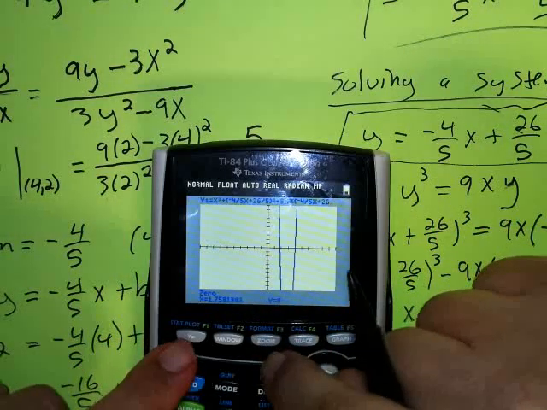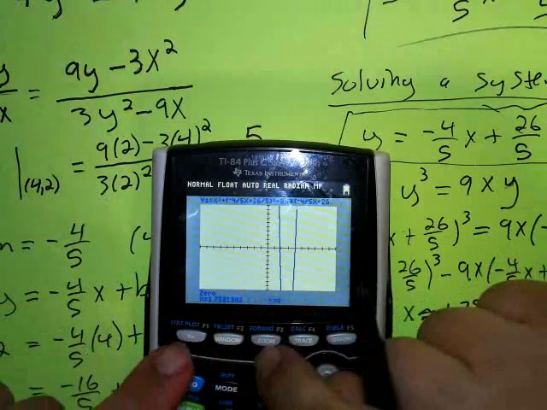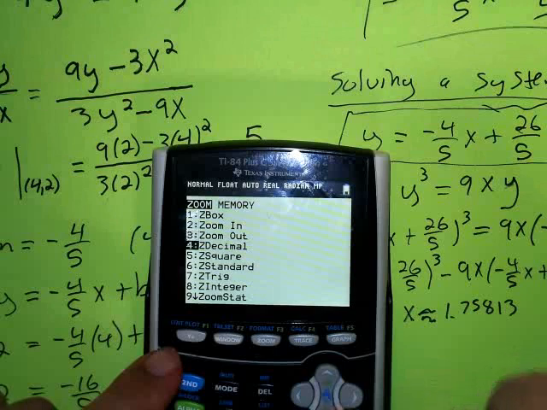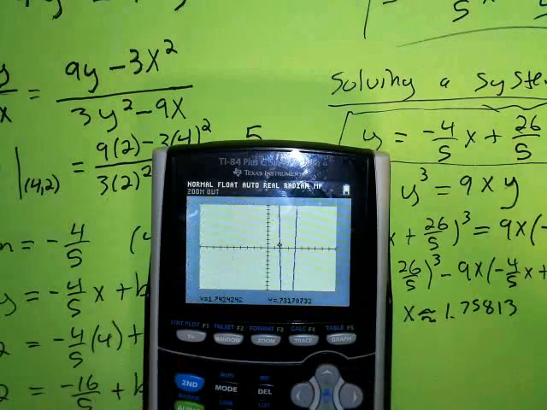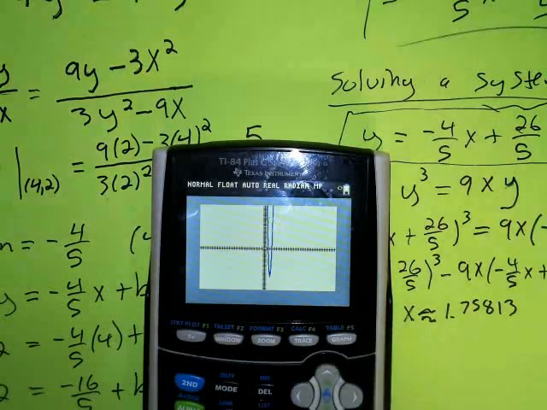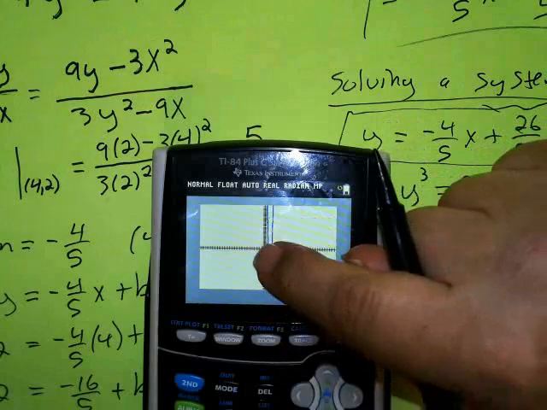Okay, now I'm going to go searching for that. I'll start by zooming out and we'll see what happens. It's not a terribly good picture, and you can see part of the problem here.